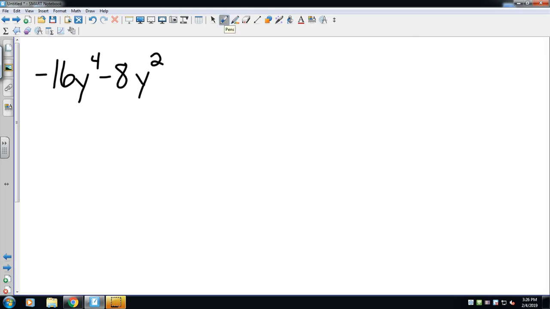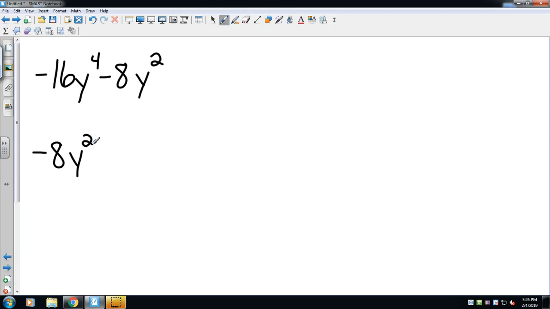Okay, so now I look at that negative 16 and negative 8, and I know that negative 8 goes into both of them. So I'm going to pull out a negative 8 as well. And I see I have a y to the 4th and a y squared, so this time they don't necessarily just have y in common, but they also have y squared in common. So I'm going to take out the biggest number they have in common, and that would be 2.